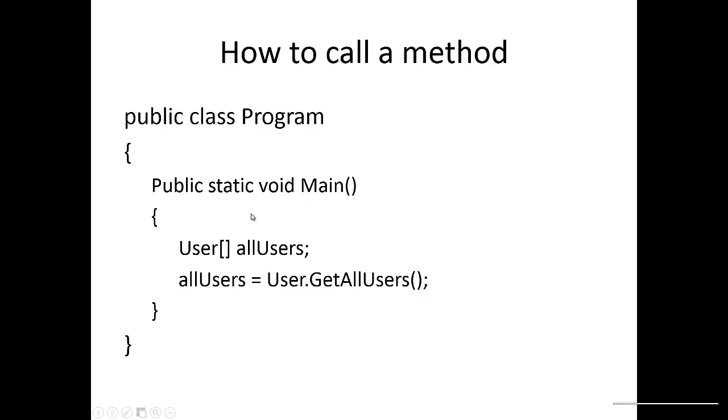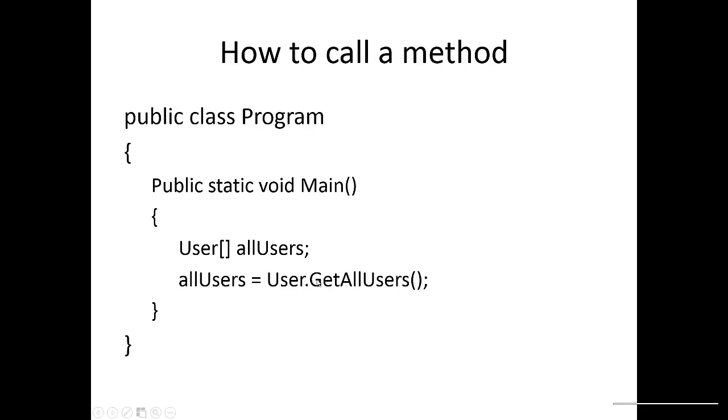Well, here's a similar instance of our static void main method, but now we create a variable of all users, which is an array of users, so that's our catching variable after we call our method. Notice that we're not creating an instance of users anywhere, and then on the next line we say user, which is our class name, not a variable name, but the class name, user dot get all users.